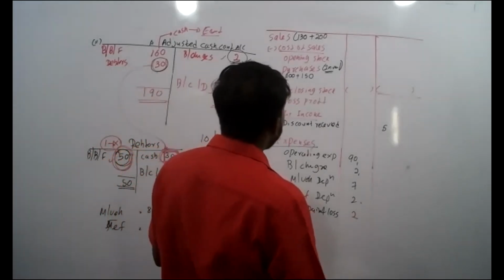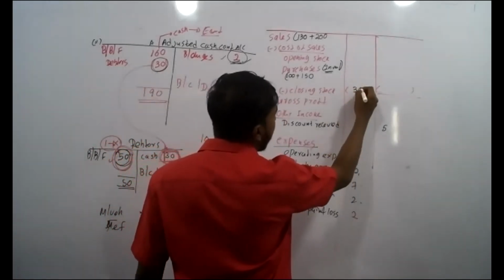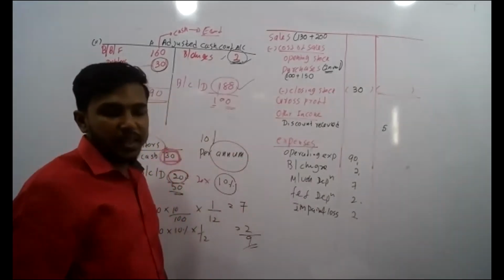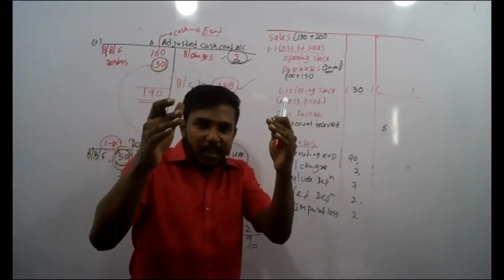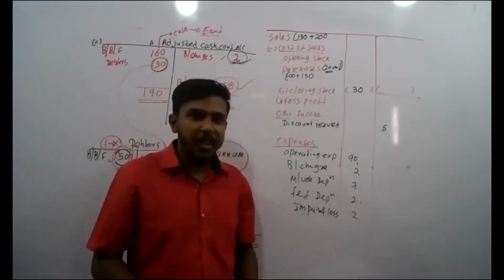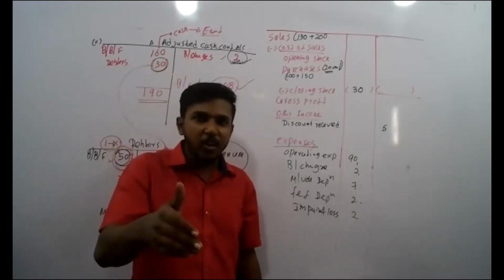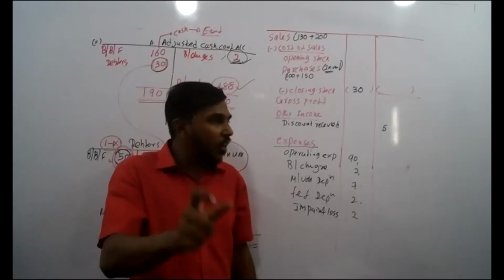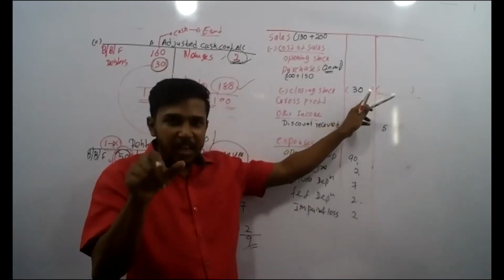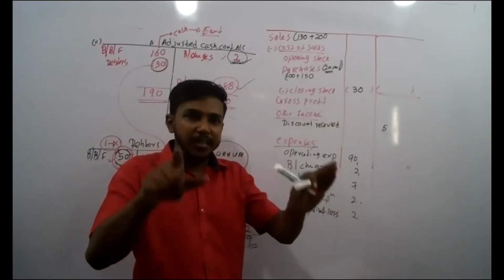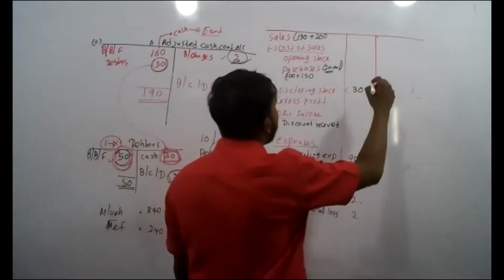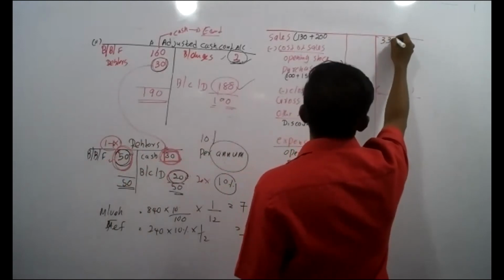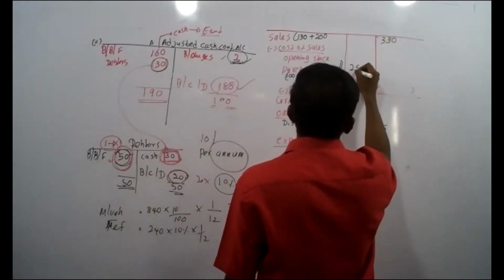Clear? Then can you remember closing stock was how much? 30. Can you remember where I took this closing stock from? Go to the accounting equation, the inventory column. The last total was how much? 30. Then I circled it and told you this is the closing stock for cost of sales. So it's 30. Sales is how much? 330. Purchases 250.